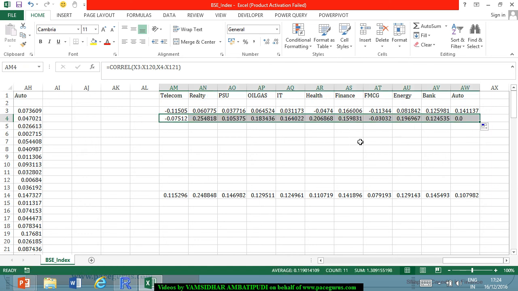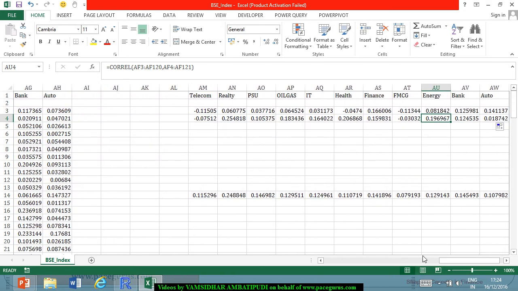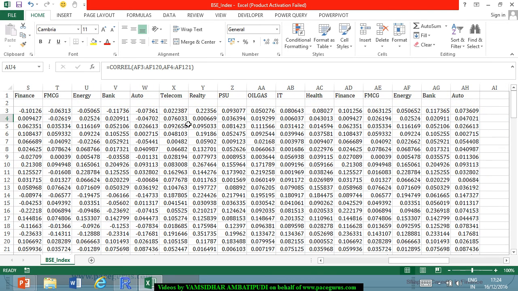But at least in some cases you could see things are much higher: 25% out here, 10% here, 18%, 16, 20, 15, 19. So in some sectors you find that the absolute values have high levels of correlation compared to the originals. The same way, instead of absolute, if I had taken the square, again not necessary, but in some cases if I take the square, I may find that the correlations could be much higher.